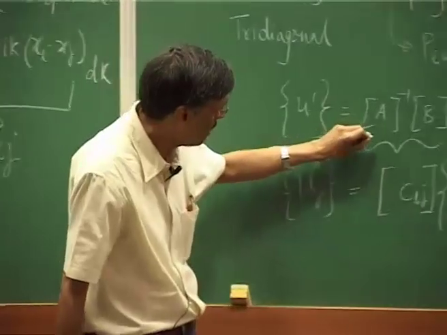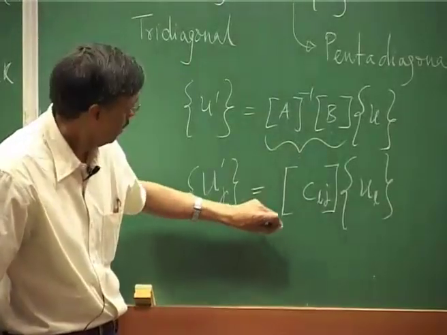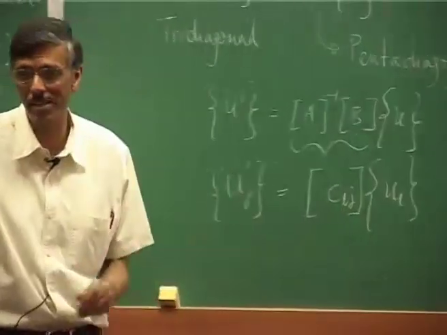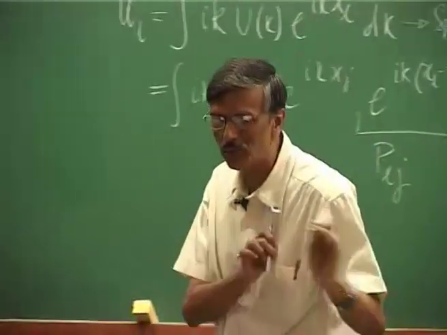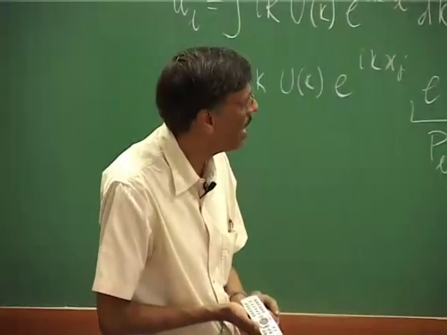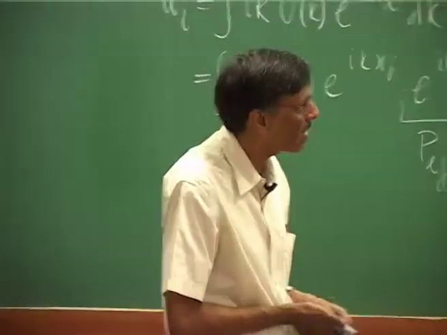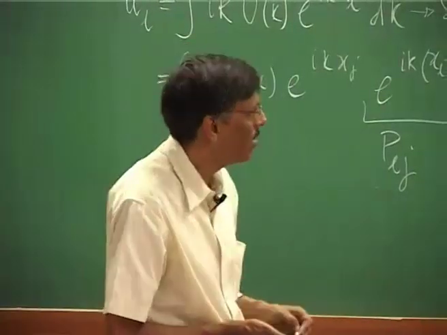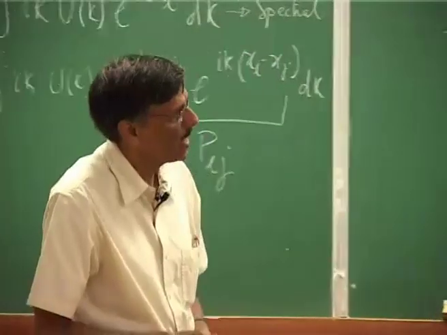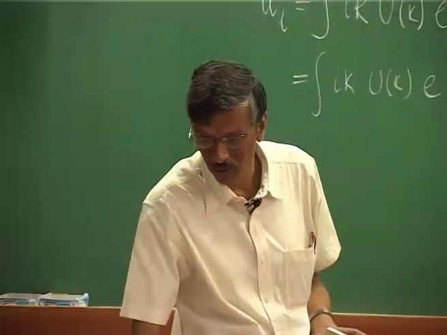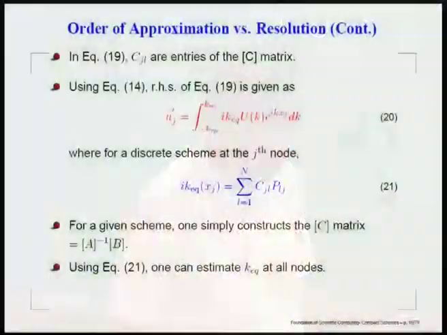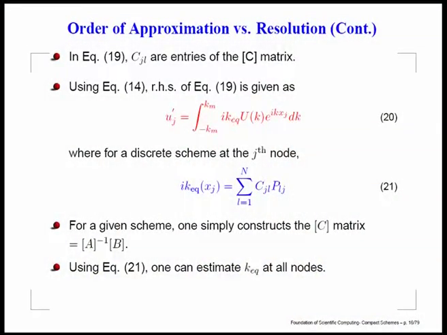And then what happens is you will get a C matrix which will not be symmetric, which will be non-symmetric, and that in turn will give you a k equivalent which will have an imaginary part. Why? Because you have seen that k equivalent comes from the C matrix here, right?